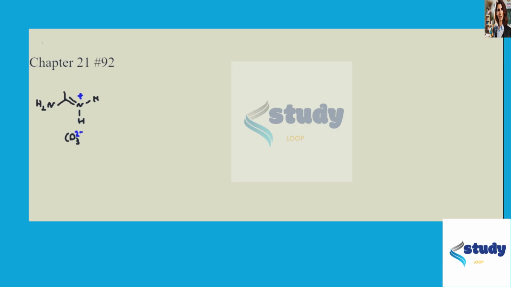So the first thing that's going to happen is carbonate is going to grab this hydrogen, and the electrons will go to the nitrogen there. So that's going to get us to here.